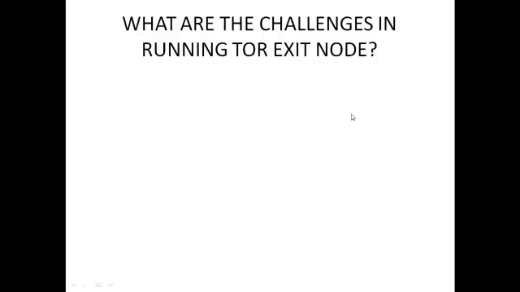If you decide to be an exit node, then you will have a right to set your exit policy, whether you are open to be used for any form of traffic relaying, or a specific traffic.